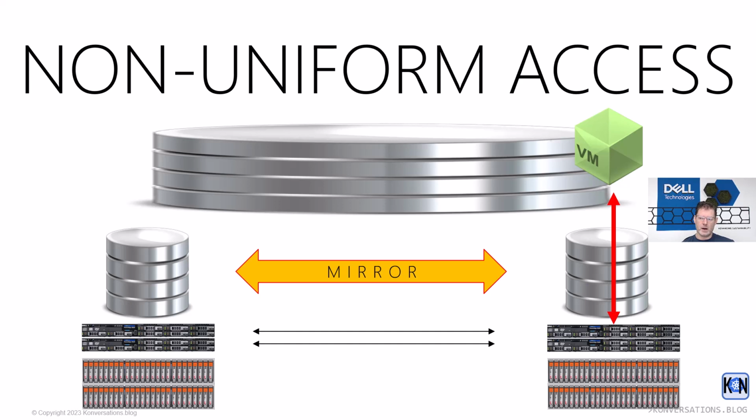But in this scenario, a read is always local, so it never traverses the WAN, which is good for low latency. And a write will only traverse the WAN 2 times at all times. A virtual machine writing data here, the data needs to get mirrored, so the write is mirrored to this side, acknowledged back, and then acknowledged back to the virtual machine. So you always traverse the WAN just 2 times.